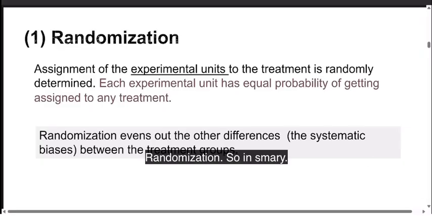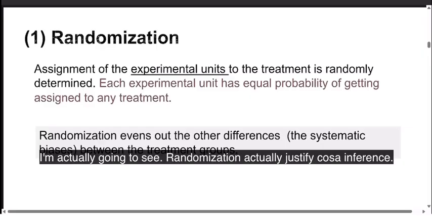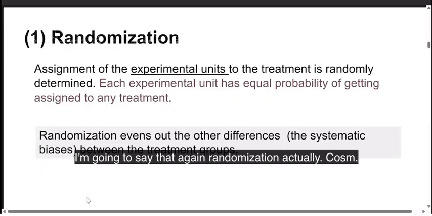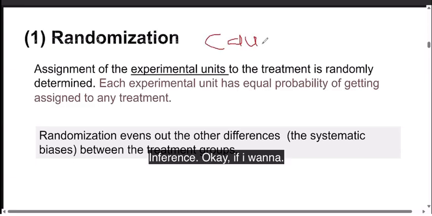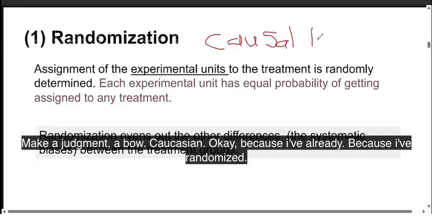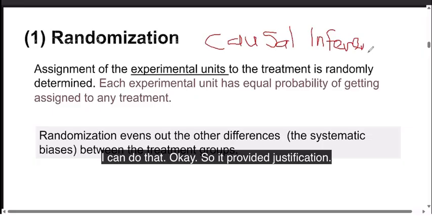So in summary, randomization justifies causal inference. If I want to make a judgment about causation, because I've randomized, I can do that.